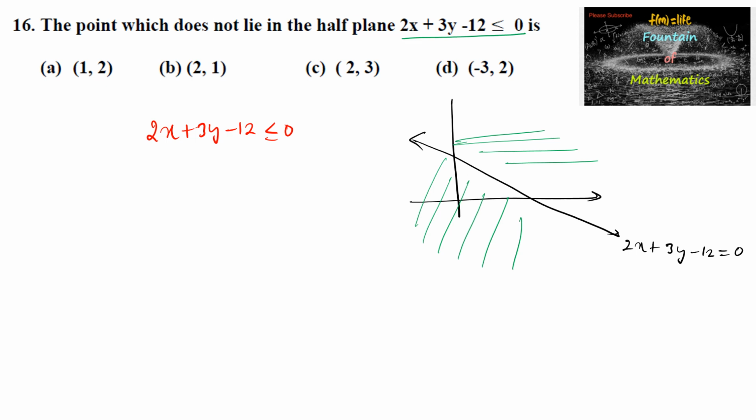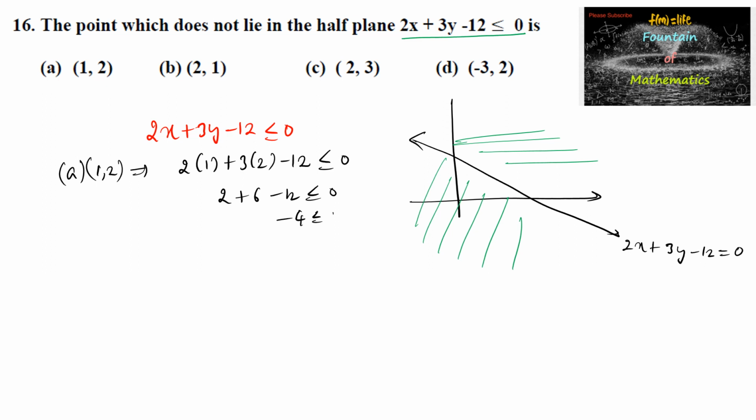So we can consider the point (1, 2). Let us substitute the points, whether they are satisfying or not. So 2 times 1 plus 3 times 2 minus 12, that is 2 + 6 - 12, 8 - 12 is -4, which is less than or equal to 0, so it is satisfying.